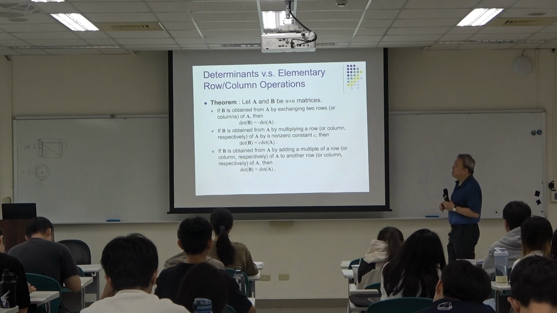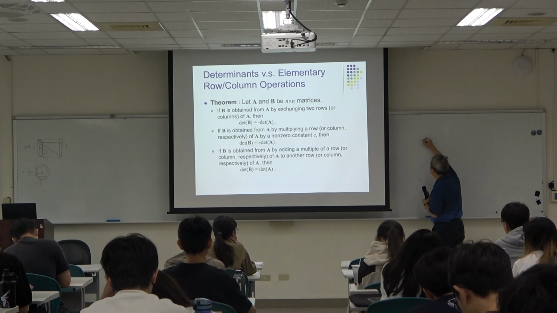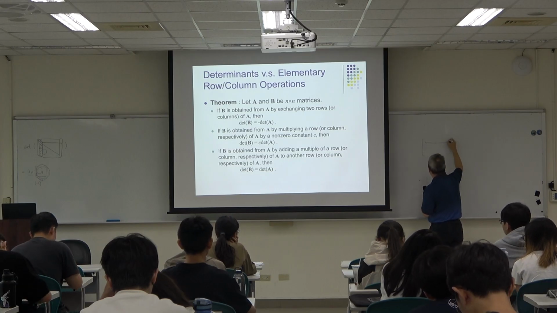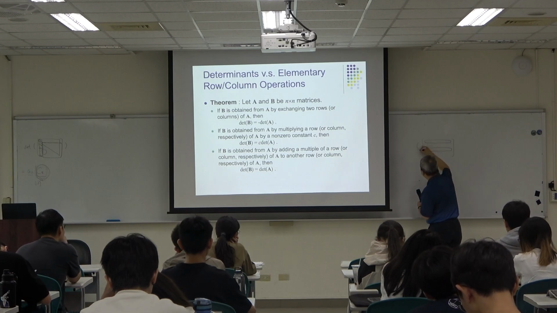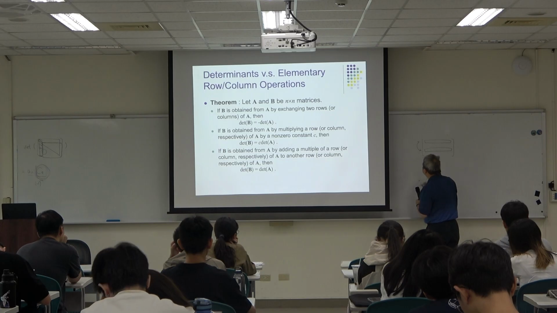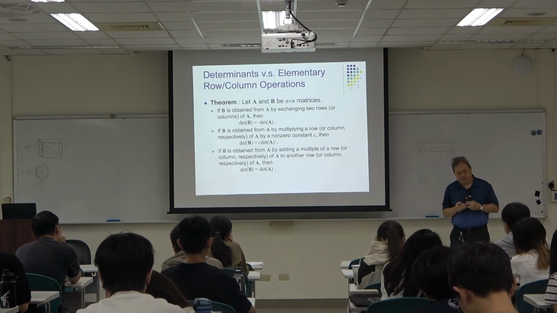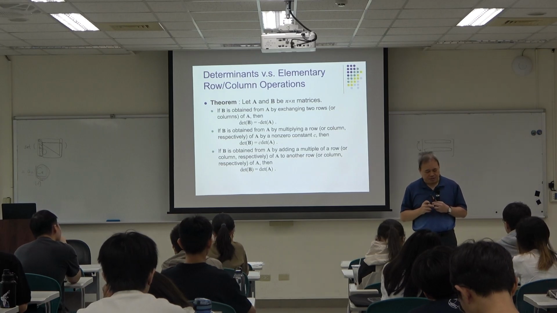This one, we can prove. We exchange two rows. Exchanging two rows is one of the elementary row operations, right?